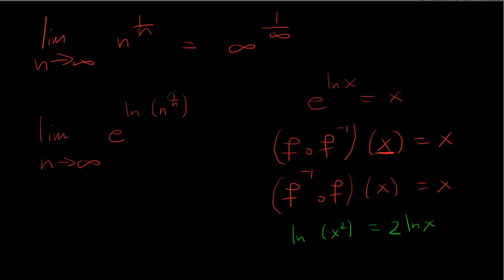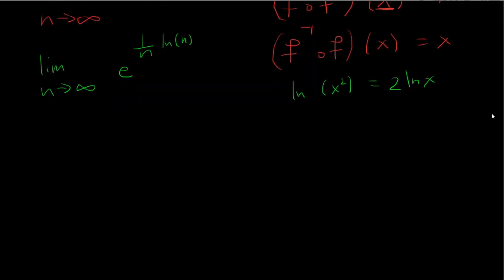So the exponent here is 1 over n, and we're going to pull that in front of the natural log. So this will just be the limit as n approaches infinity of e to the 1 over n times ln of n. And I'm going to rewrite this. This step is really optional, but just to make it look nicer, it's ln n over n.